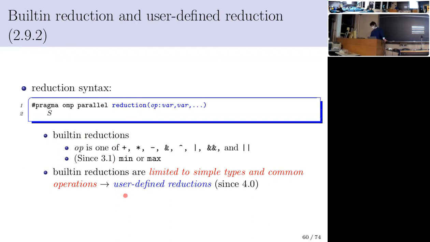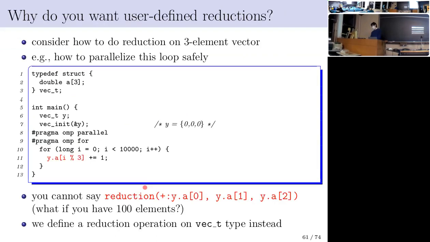OpenMP has a way to define your own reduction for your own data type. In terms of the programming, it's a little bit complicated, so I don't want to spend too much time on this.